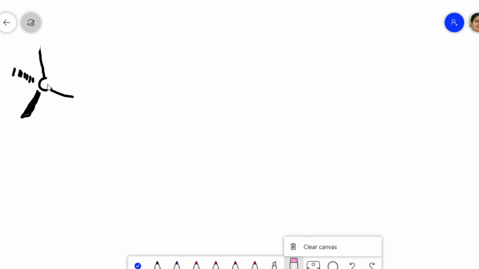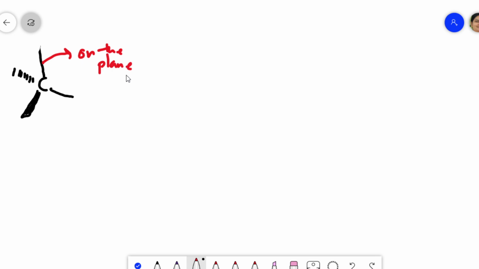So which bonds are on the plane? So this bond is on the plane, on the plane, and this one is also on the plane. Okay, and what about this bond?